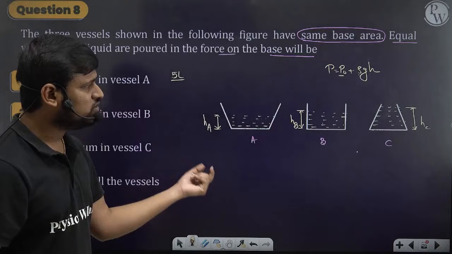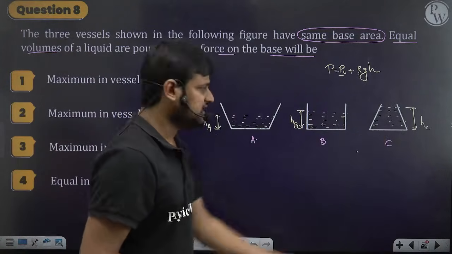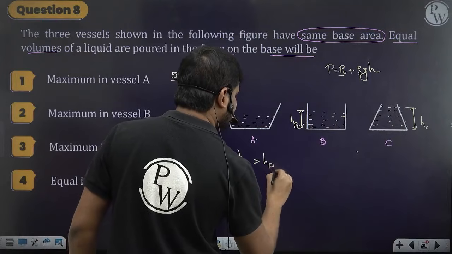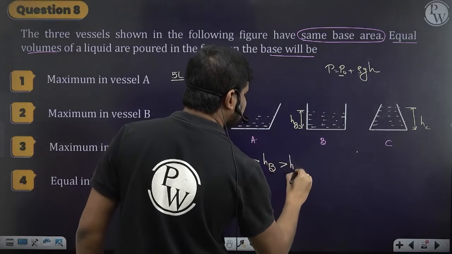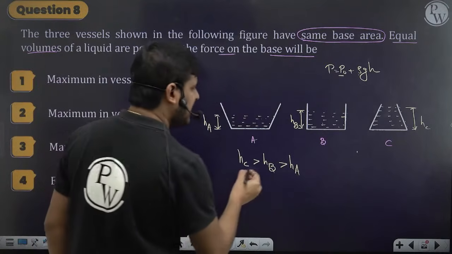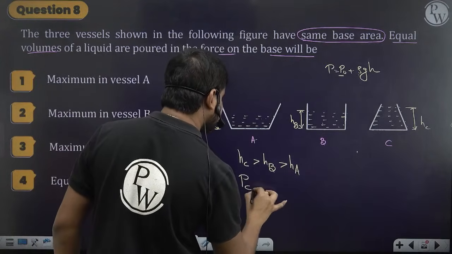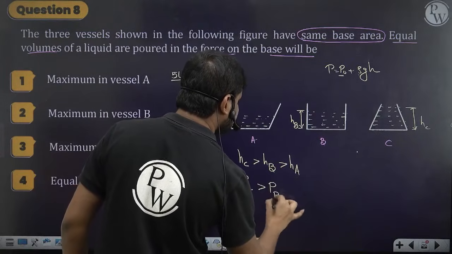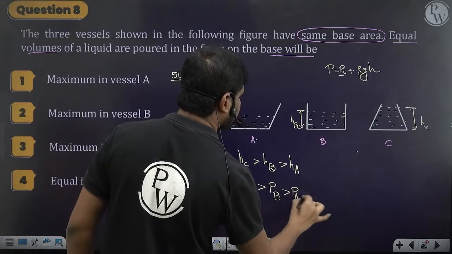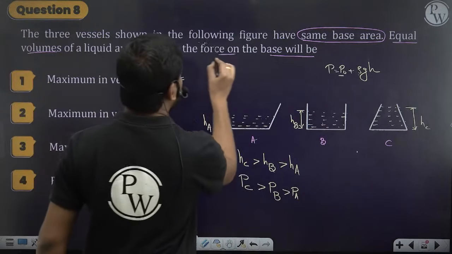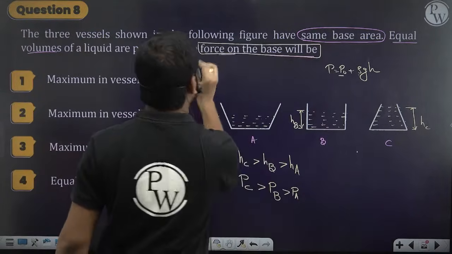If you observe, the height in C is greater than that of B and greater than that of A, right? So the pressure at C is more, then the pressure at B, and then the pressure at A. But they are not asking about the pressure. So what is the force on the base?